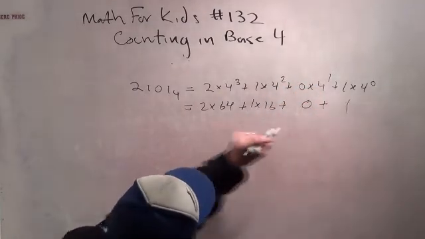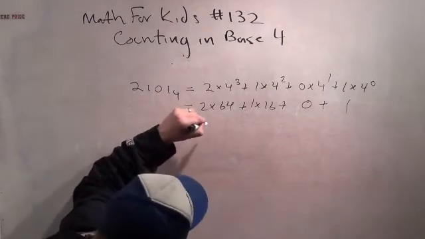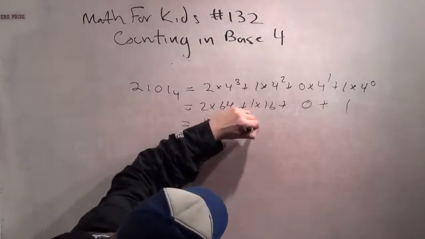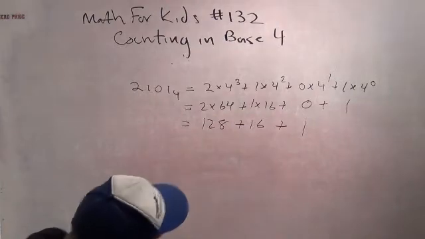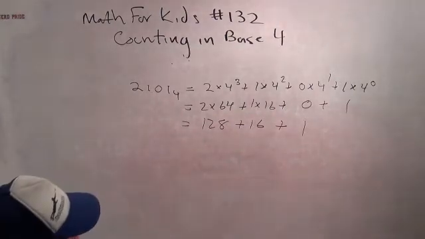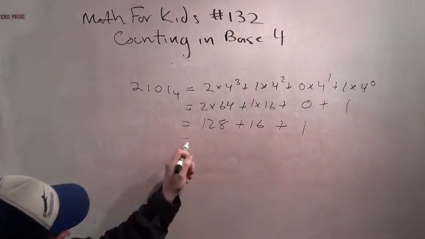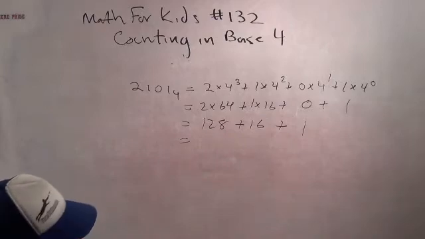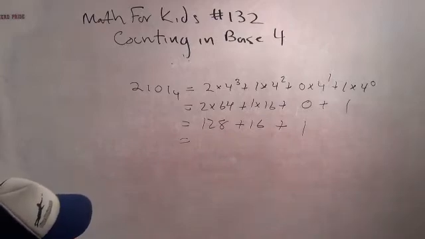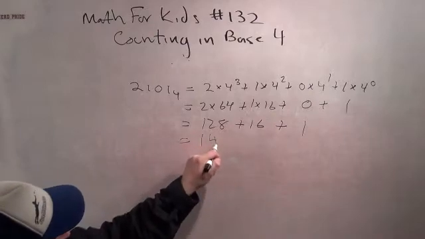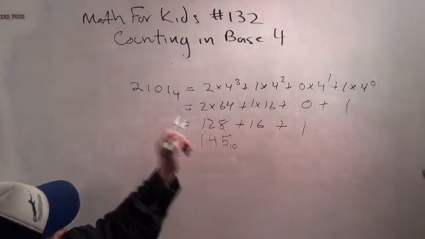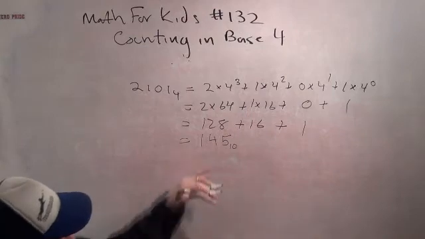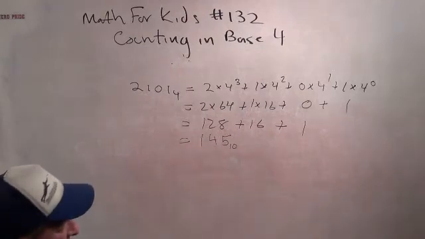So 2 times 64 is 128, plus 16 plus 1. What does this equal? 145, very good. So the number 2101 in base 4 is the same as 145 in base 10.